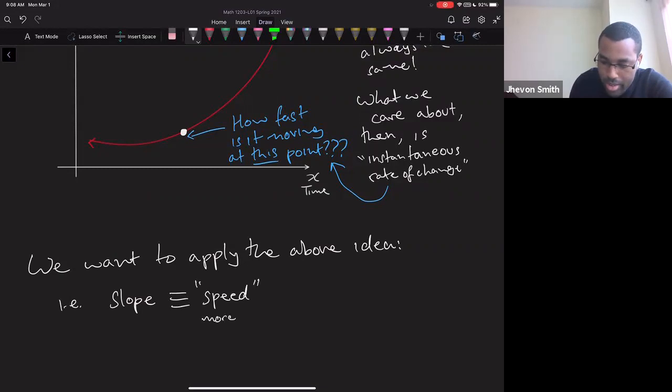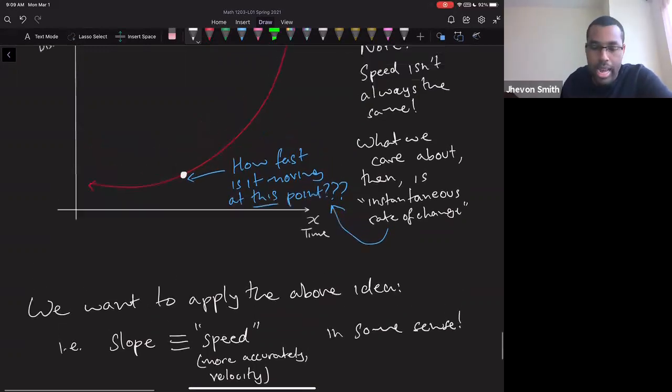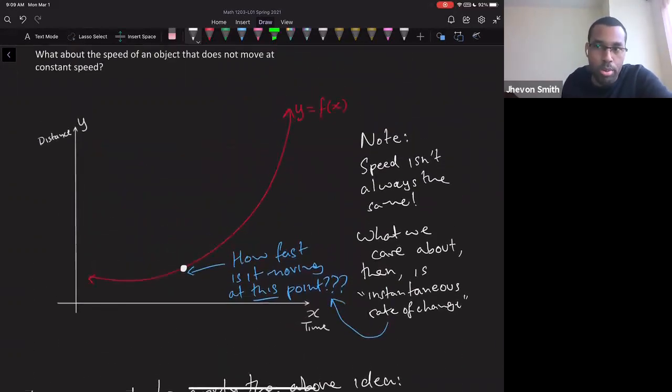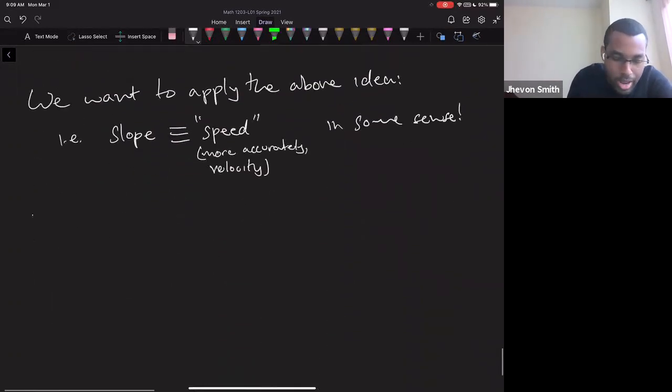More accurately, what we call velocity in some sense. So now I realize, well, if I were to measure the slope, that would tell me how fast it's moving. But how do you measure the slope of a curve?